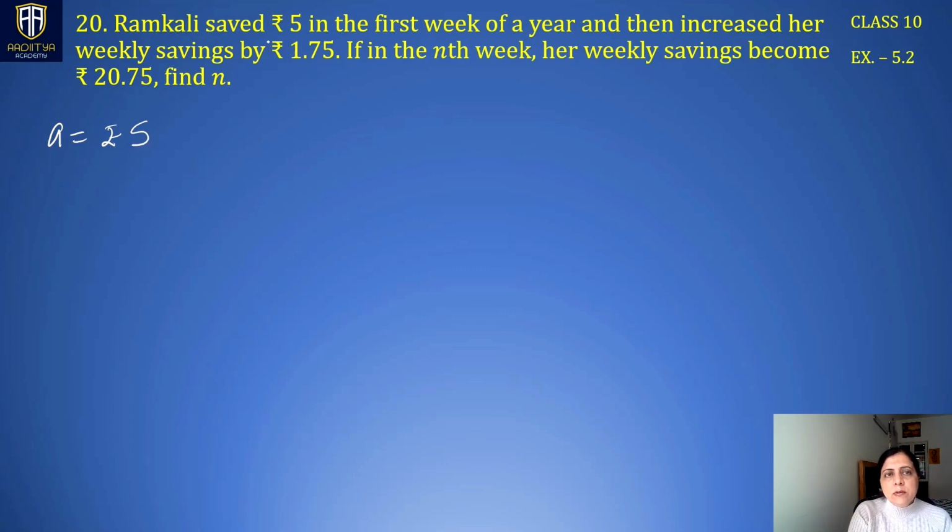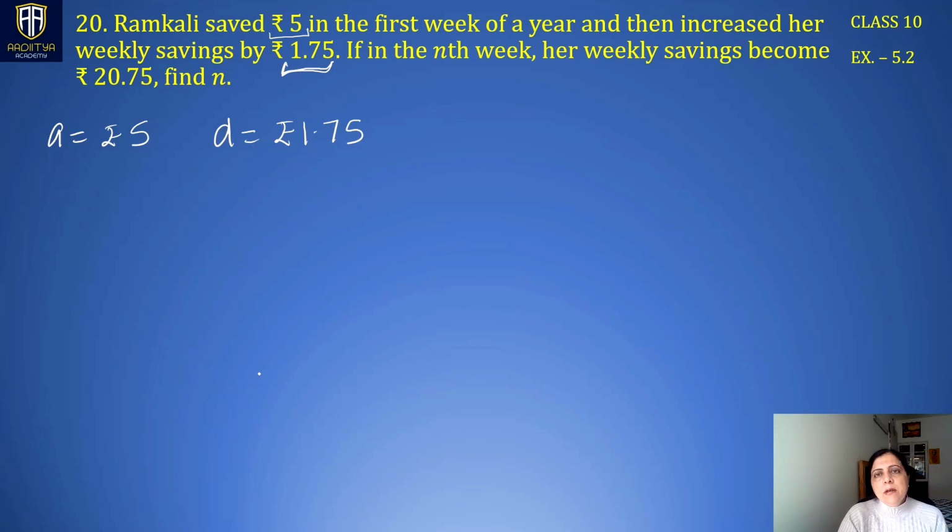She is starting with savings of rupees 5 per week, right? And then she is increasing that amount by a fixed value, which is 1.75 per week. Since this change is fixed for all the weeks, this is an AP. And so the d here becomes rupees 1.75.